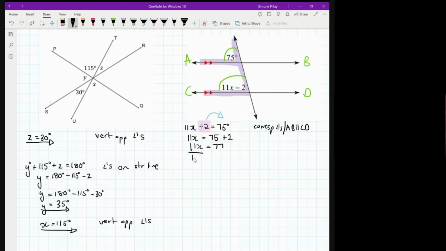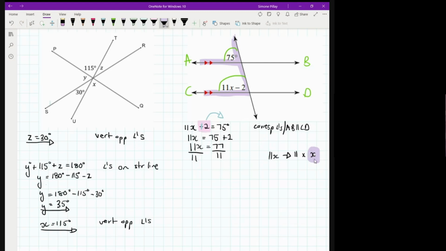We have now divided by 11 on both sides. Why did we do that? I say this all the time and I repeat myself, so I hope it drills into your heads and you'll never forget it. Because 11x really means 11 times x. And how do we solve equations? Our main goal is to get the variable by itself.